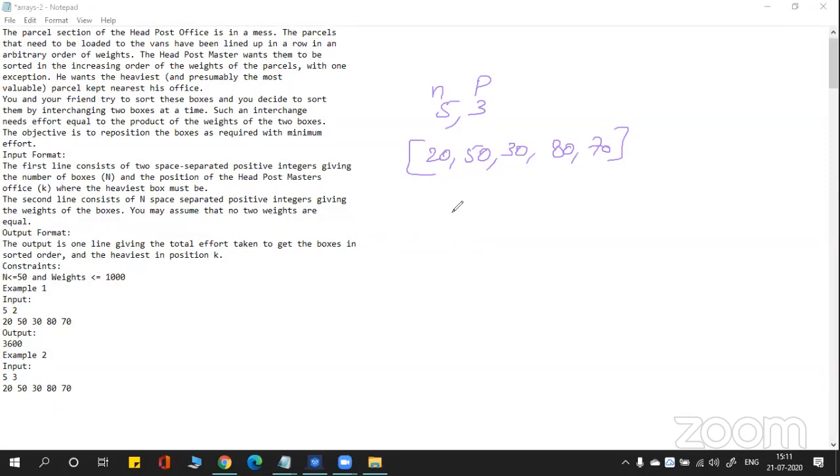Generally, if I do the normal process, at the third position I should get the maximum value. So my effort will be 80, 30, and then this 70. If I am interchanging both of these, my effort will be 2400.